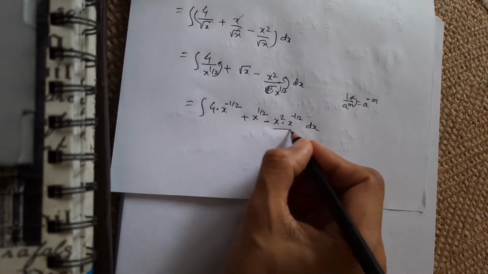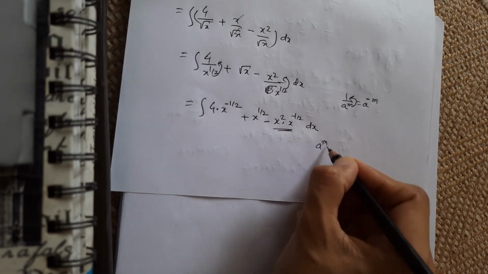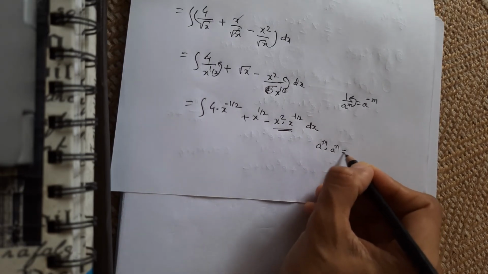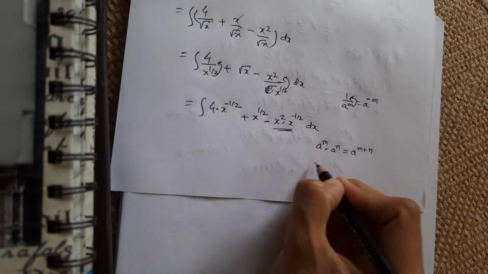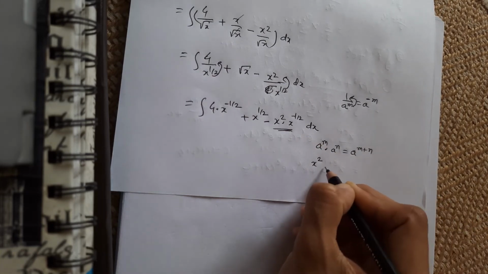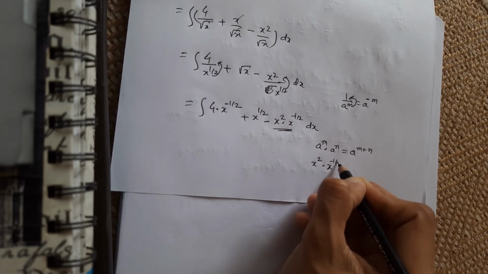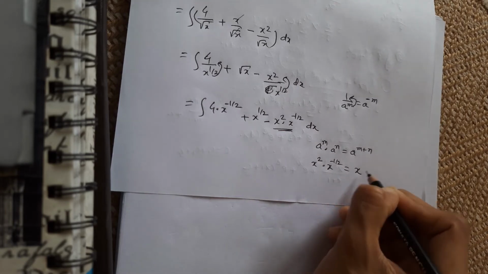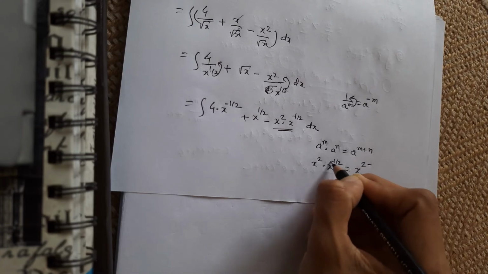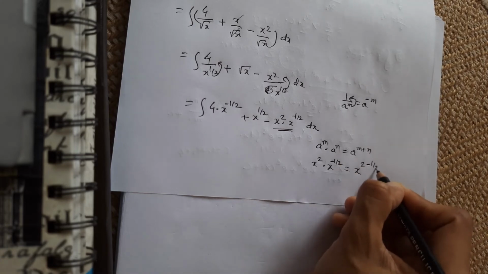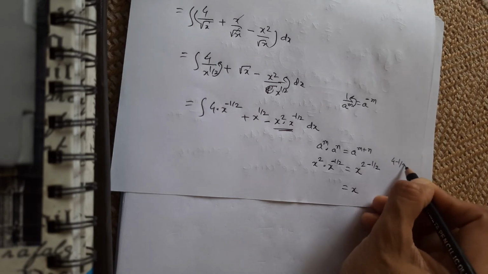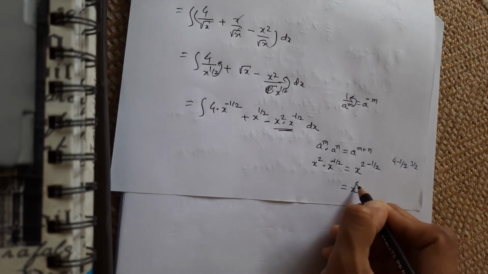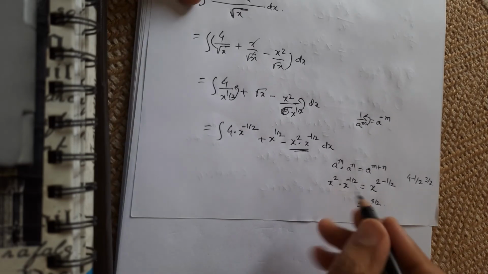Now we know that a to the power m multiplied by a to the power n is a to the power m plus n. In the similar way, x square multiplied by x to the power minus 1 by 2 will be x to the power 2 minus 1 by 2, which is, just simplify it, 4 minus 1 by 2, that is 3 by 2. So x to the power 3 by 2 I got here.